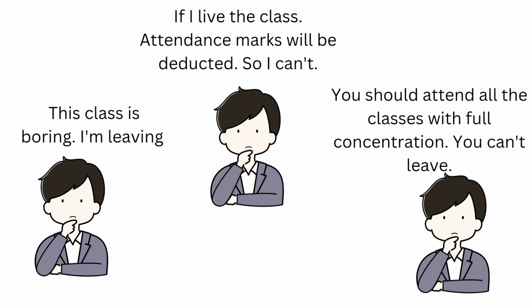And id is the one that just wants to satisfy the pleasure, the inner impulse, the inner desire, like, I don't like it, so I am just leaving. And superego is the one that says don't do it, it's not good, it's not moral. The superego tells this all the time.